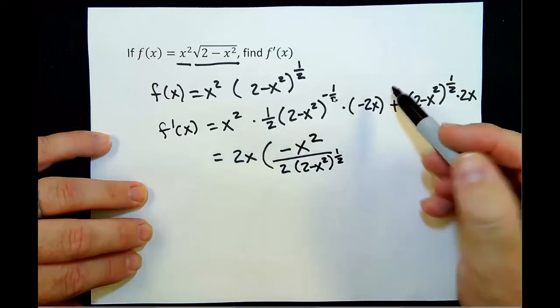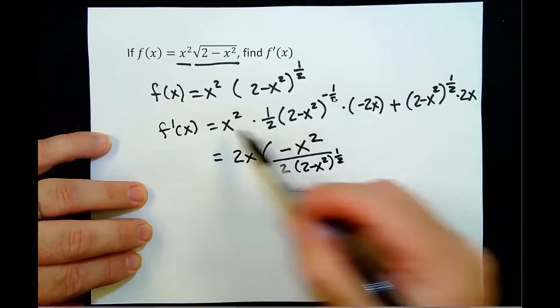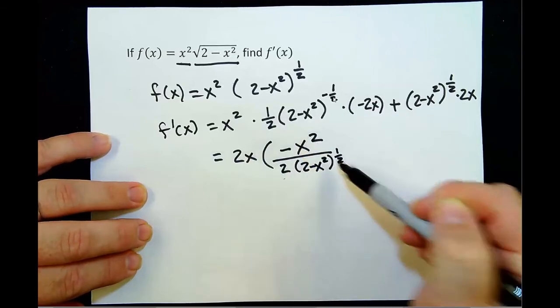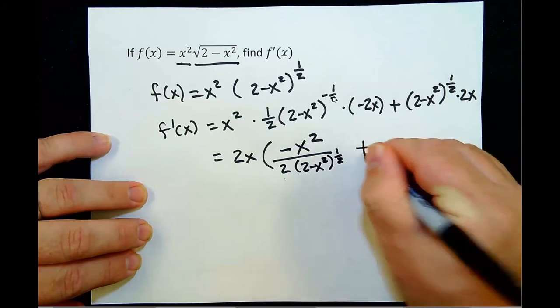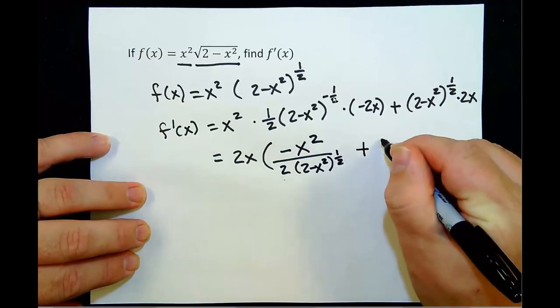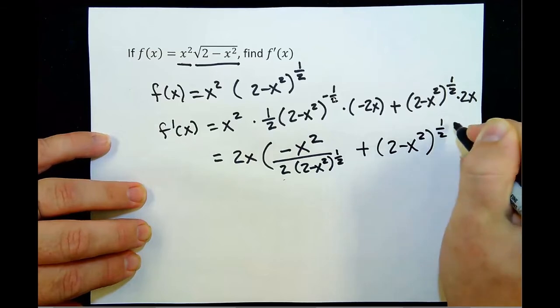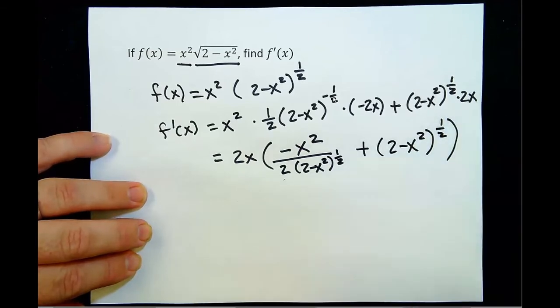So let's see, make sure I took care of everything. I took care of the negative, I took care of the x squared, the 1/2, there's the 2 for that. Yeah, that's all good. Plus 2 minus x squared to the 1/2. And I factored out that 2x.